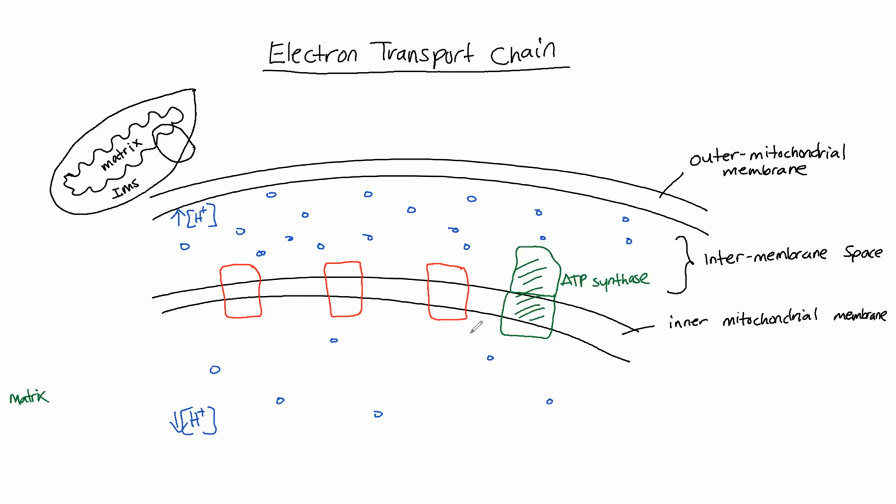Let's talk about how we actually achieve this gradient. This is where our electrons come into play. So all of those electrons that we've been garnering thus far, these are brought into the matrix and they are passed from complex to complex.